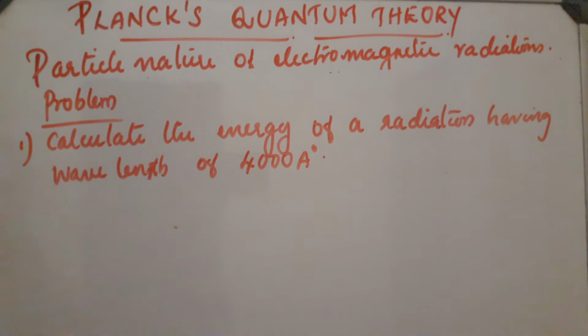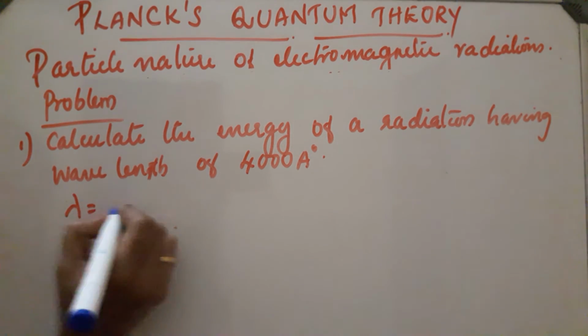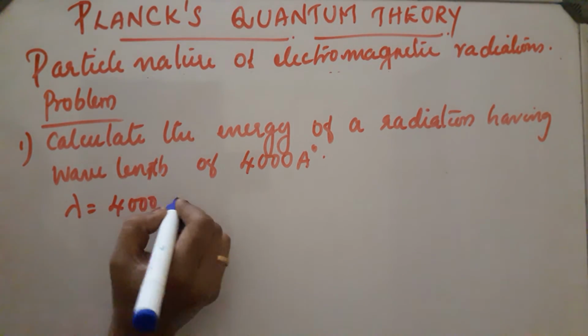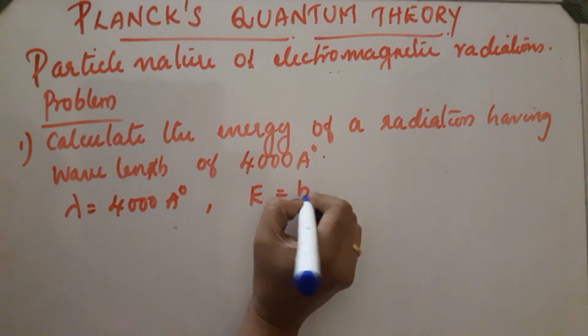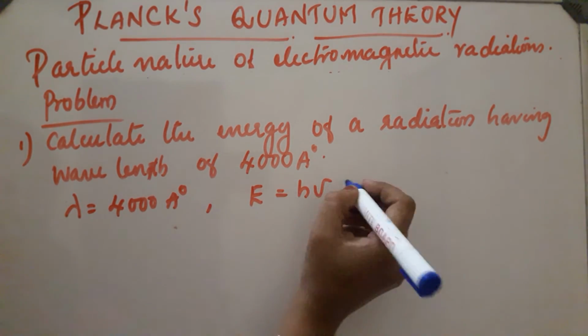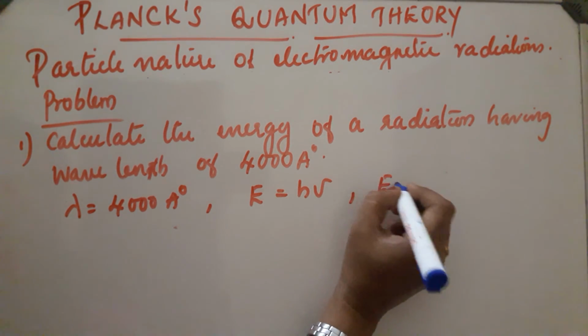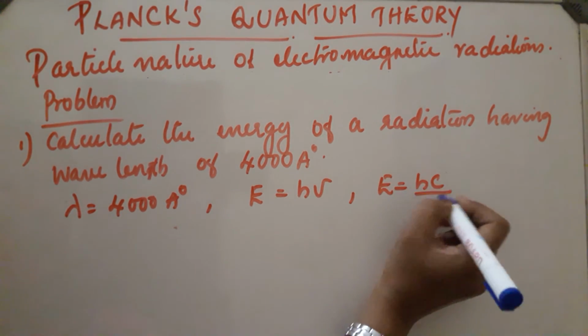Now let us do one problem based on this. Calculate the energy of a radiation having wavelength lambda equal to 4000 angstrom. Given lambda equal to 4000 angstrom. We know the equation E is equal to h nu. Since lambda is given, E is equal to hc by lambda.